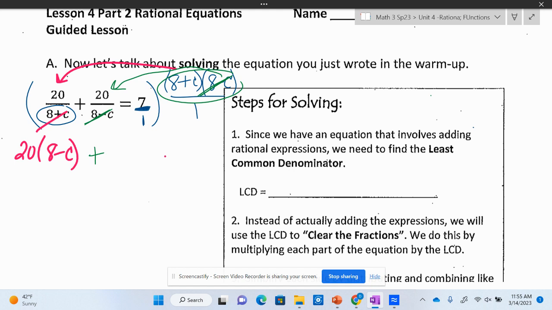So that leaves me with plus 20 times 8 plus c. And then is there anything that I can cross off for that last term? No. So it's just going to be 7 times the quantity 8 plus c times 8 minus c. So here where it asks for your least common denominator, I'm going to write 8 plus c times 8 minus c.